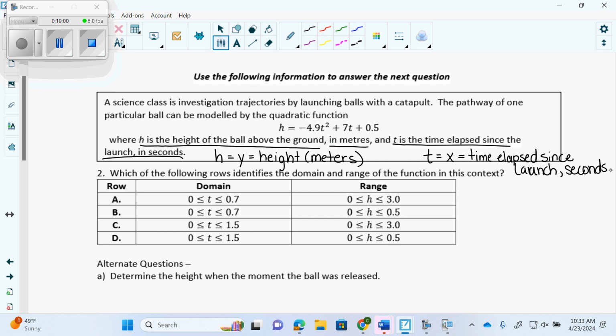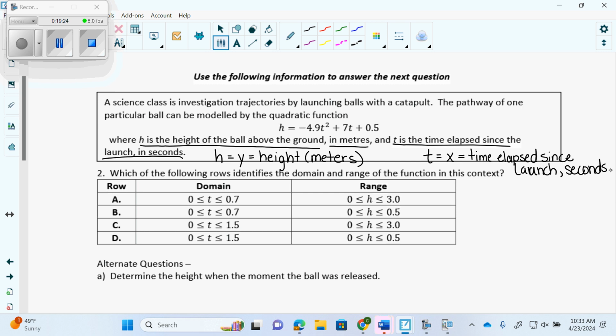All right. So we need to be able to graph this and see it. If you look, there are hints to your domain or range in this one. The domain is between 0 and 0.7 or 0 and 1.5. So I'm going to make my x min be 0 and my x max be bigger than 1.5, which would cover both of these domains. So I could do 1.6.